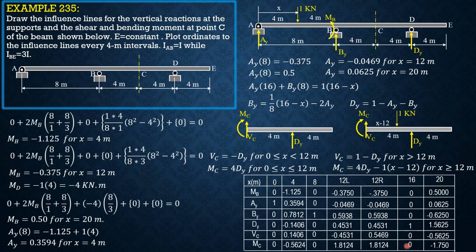Then 4 times dy, 4 times 1, 4, minus 1 times 16 minus 12, so 4 minus 4, so 0 for MC. Then here, 4 times 1.5625 minus 1 times 20 minus 12 is negative 1.75. So that's it. Then let's plot this on the next slide.